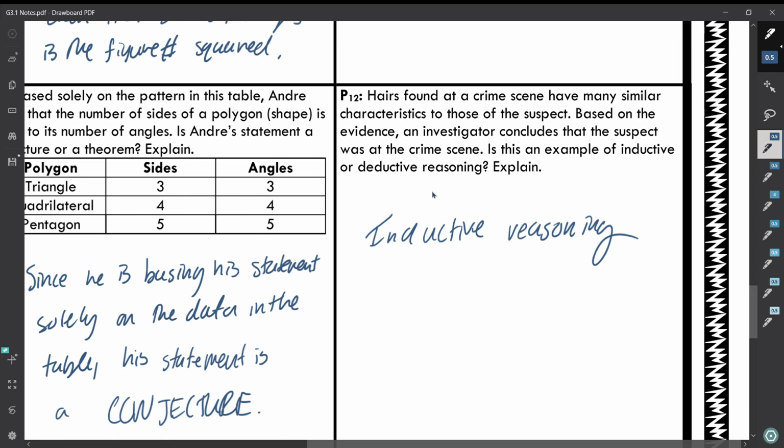Most things we do with police and investigators like that are what we call inductive reasoning, unless you have concrete proof that this is it.